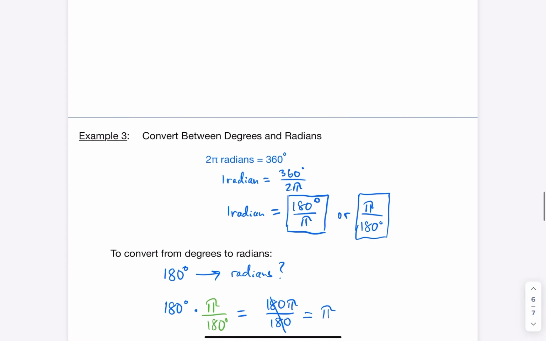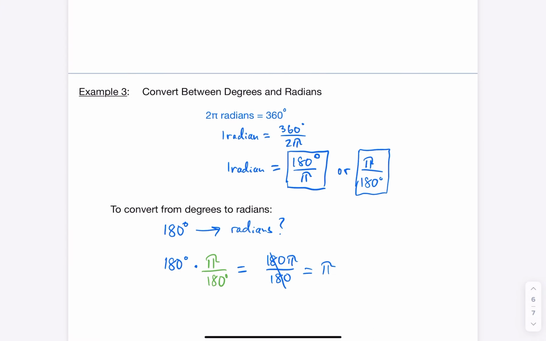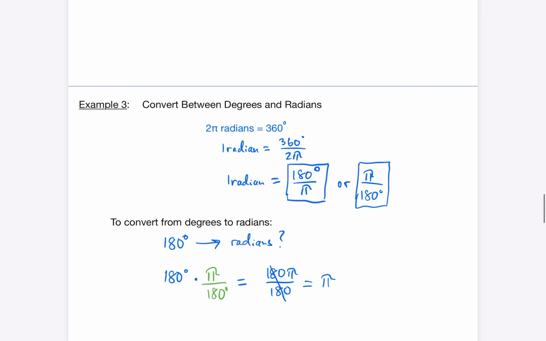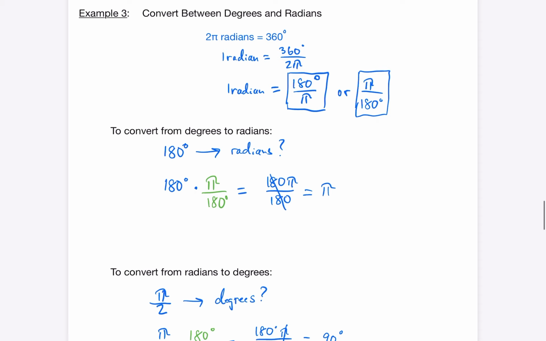Now, for some students, converting this sometimes is difficult because you're sometimes wondering, well, how do I know which of these ratios to use, okay? So if you think about what we did here, if we start out with a degree, and we want to end up in radian, we want the numerator to be what we want the final answer to be.